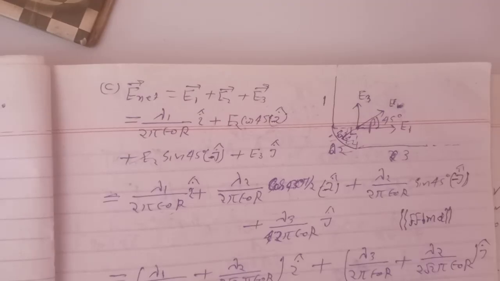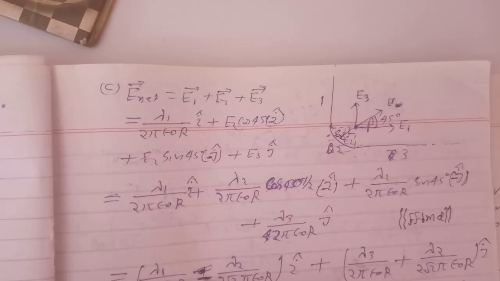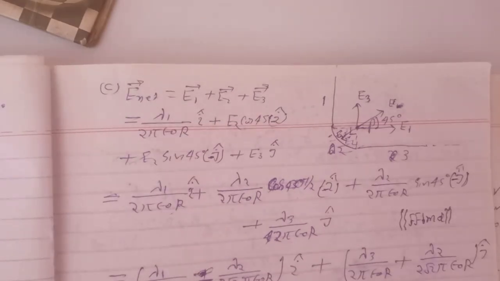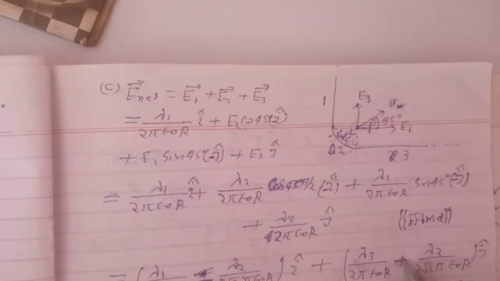So this will be equal to lambda 1 by 2 pi epsilon naught r minus lambda 2 by 2 root 2 pi epsilon naught r, because sin 45 equal to 1 by root 2, into i cap, and plus lambda 3 by 2 pi epsilon naught r minus lambda 2 by 2 root 2 pi epsilon naught r into j cap. Answer.